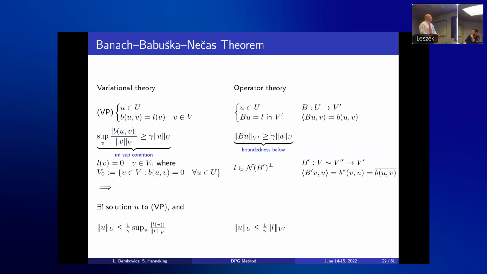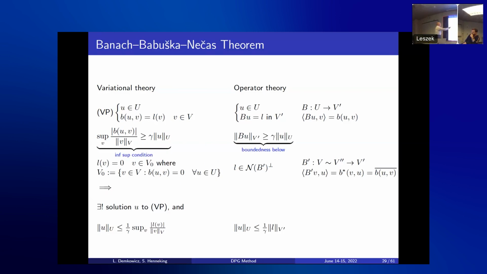So it all starts with the variational theory, right? And here's the famous Babuška-Nečas theorem. By the way, for the online audience, I'm using a traditional pointer because for some reason the mouse doesn't work when in full screen mode.